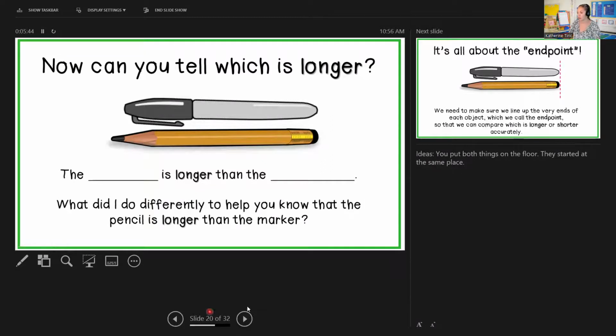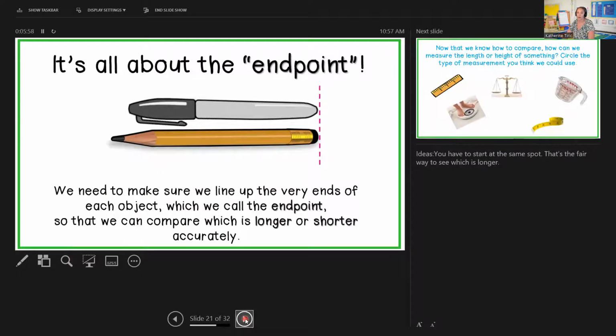Pause and turn and talk about your answer. So we would say, right, that the pencil is longer than the marker in this case. And it's all about that endpoint. We really need to make sure that they're always lined up correctly.